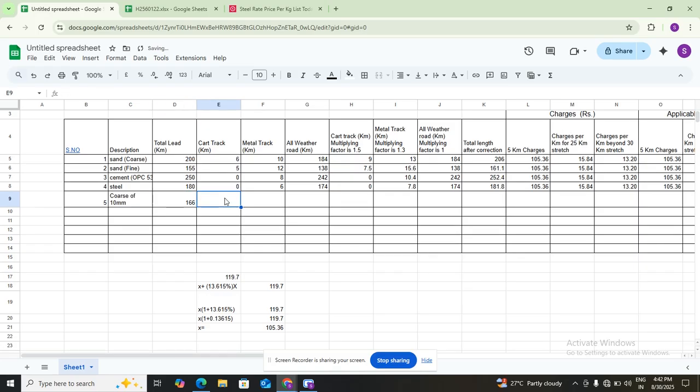There is also no need for auto. The contour is not present. This is the core SB. The metal road SB is present. Metal road I have taken as 12 kilometers. Remaining all are the same. Charges are applicable. Same, there is no change in the charges.